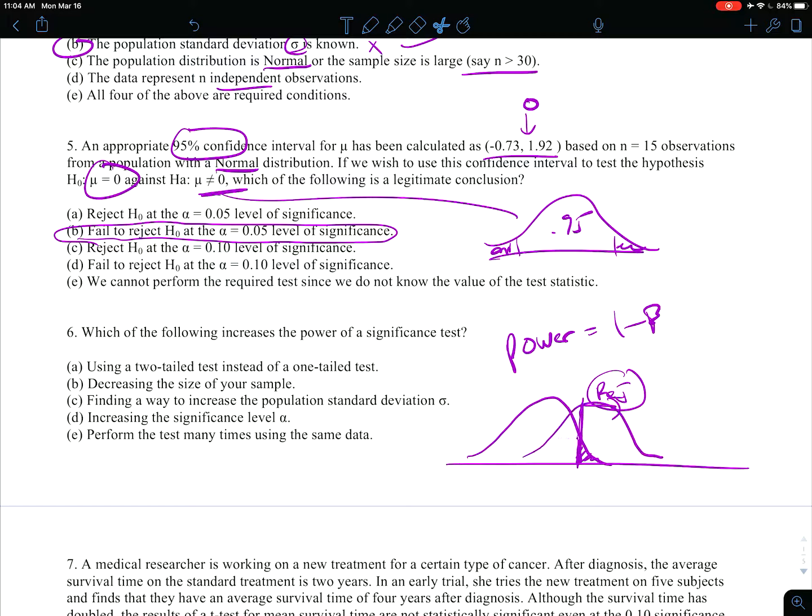You should be looking at the area under this curve to the right of my critical value here. So moving it farther away, for example.